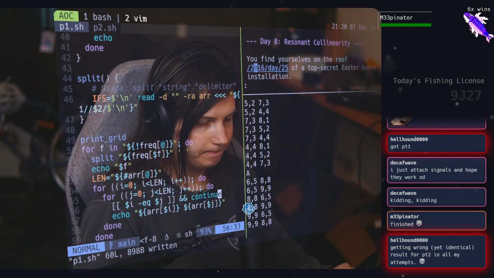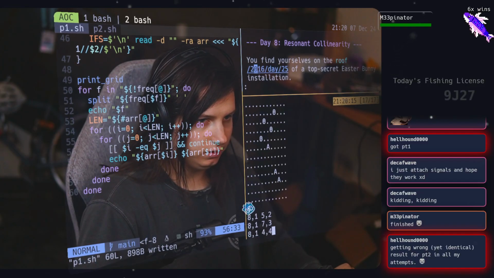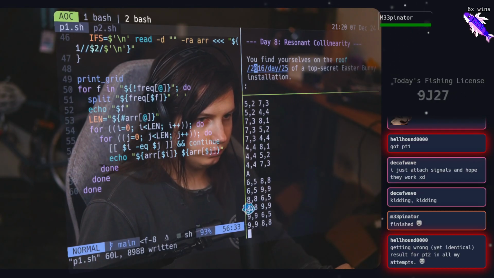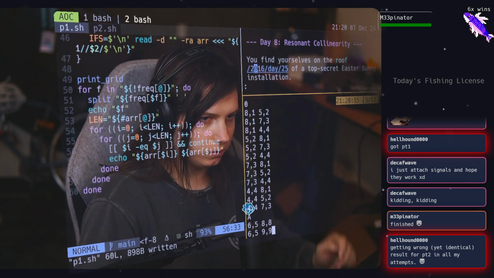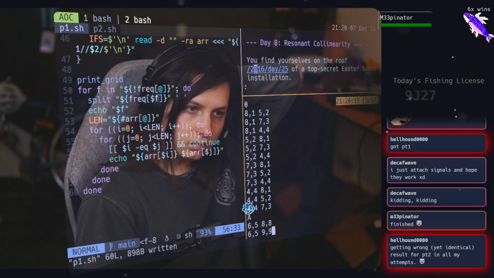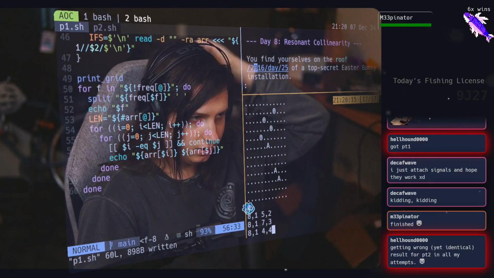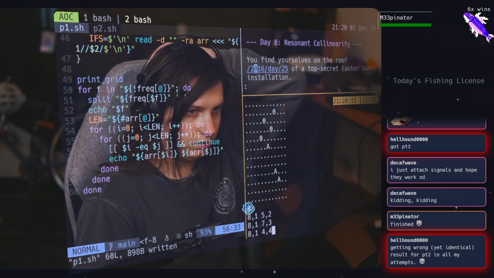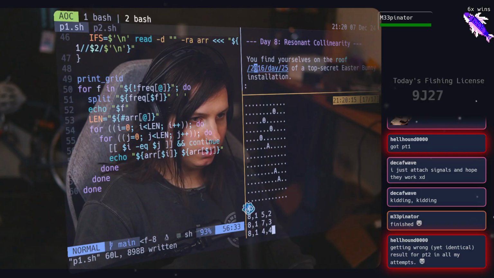Right. I think this isn't too bad from here. We just need to subtract these two coordinates and check if it's in the bounds.